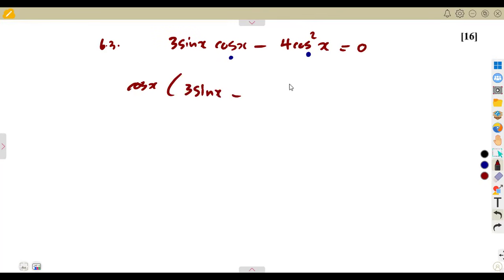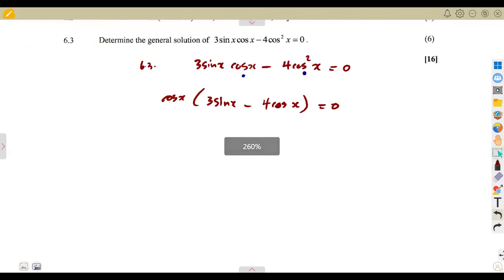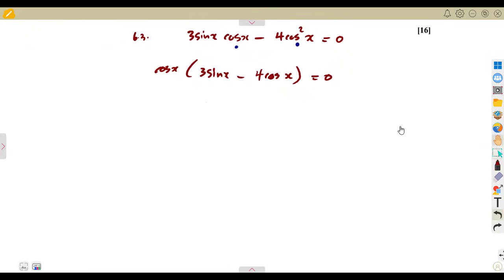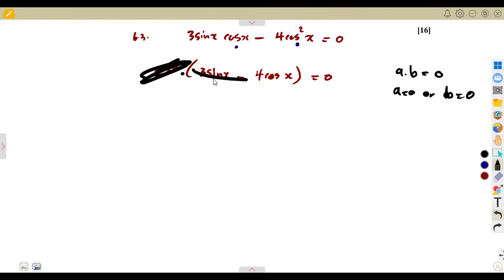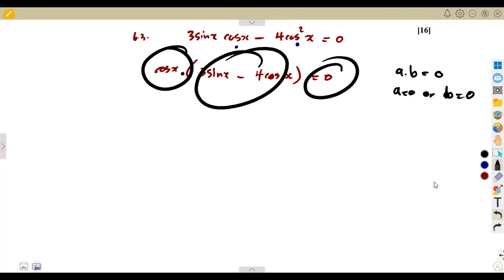So 3 sine of x minus, this is minus 4 cos squared. If you divide by 1 cos there, it means we're going to cancel this. That will be 4 cos of x. Okay, this is equal to 0. Now, from the zero concept, we understand that the product of the two being equal to 0 means one of these must be equal to 0.